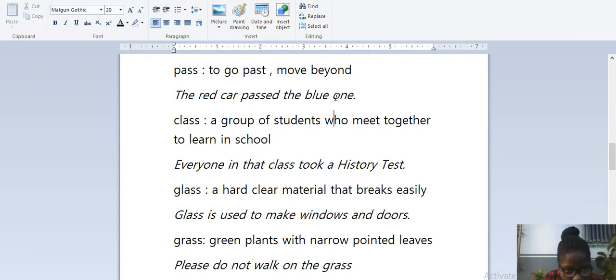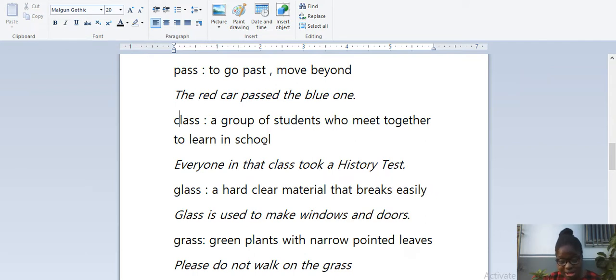Next word with ASS, we have class: a group of students who meet together to learn in school. Now, let me state at this point that most of these words I've taken have different definitions. We've intentionally picked these definitions because for the word class, in any standard dictionary you'll find about 5 or 6 definitions, different meanings.